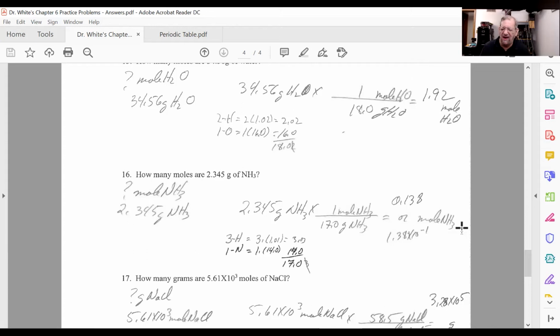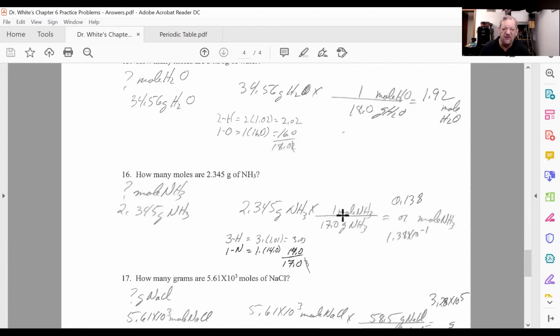What do I want my answer to be in units? Moles of ammonia. If I had a ratio, how do I know what goes on top of this ratio? What you're trying to get to goes on top, moles of ammonia. I don't want grams of ammonia in my final answer, so I put that underneath.